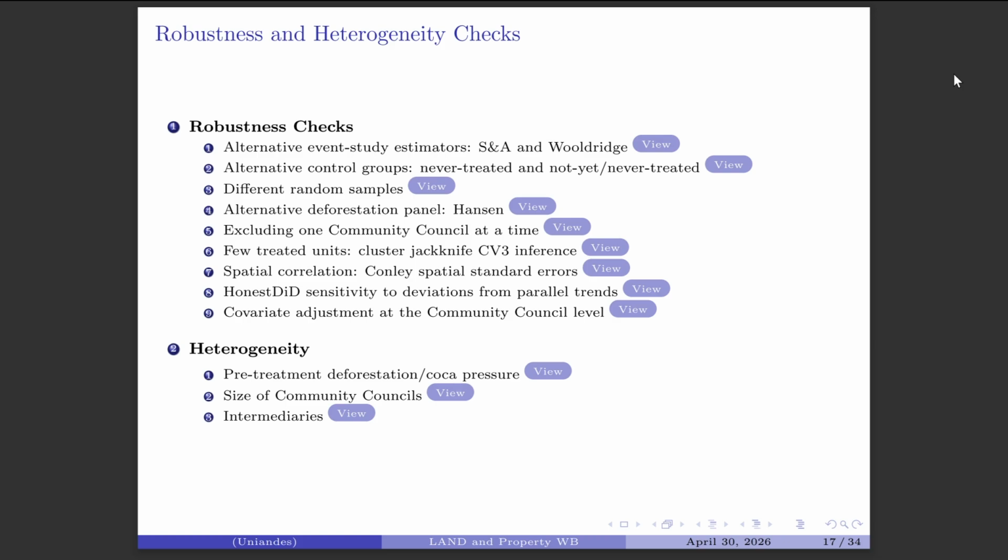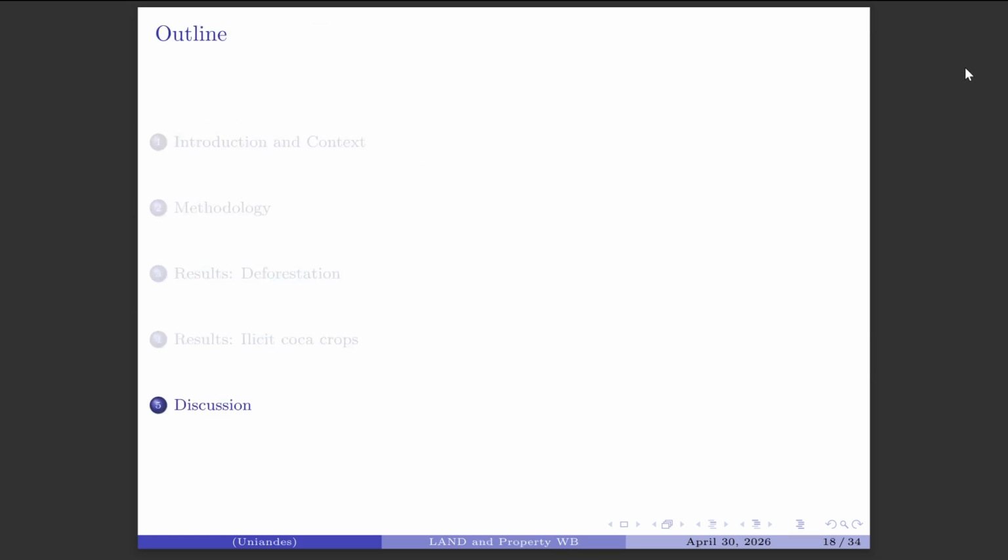And the other thing that I want to highlight is that we did some heterogeneity analysis, and we can see that in regions with higher levels of deforestation previous to the treatment, we can see a higher level of impact, and also in coca crops. And yes, if we have time, I will return to the size of community councils.